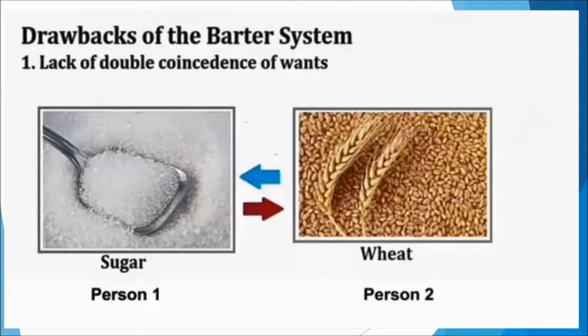So he has to go and find the person who has rice and then exchange the wheat with rice, and then person 2 will have rice. So again he has to come and exchange with sugar. So it is a very complex process. It is one of the drawbacks in barter system.